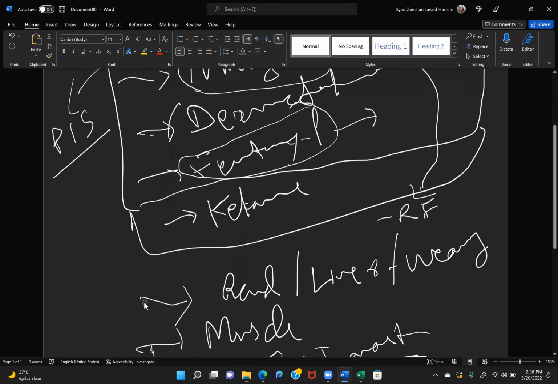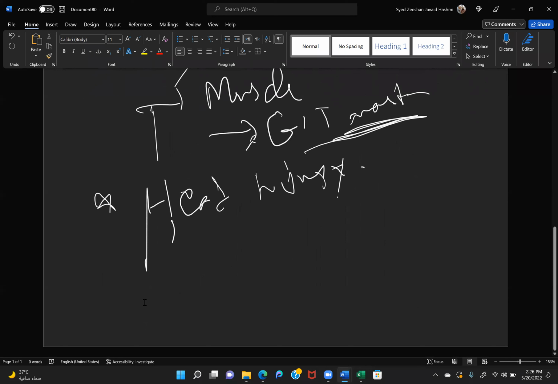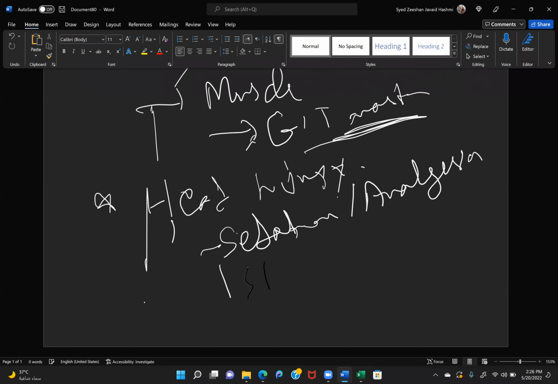So in these patients, you have to make a combination, because you have to achieve three things: sedation, analgesia, stress response. Okay. And muscle relaxation.